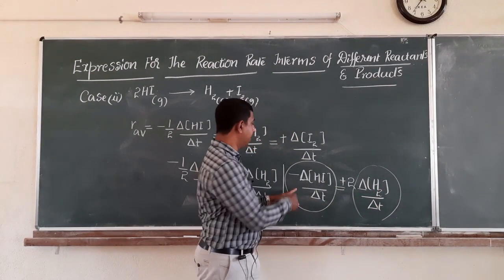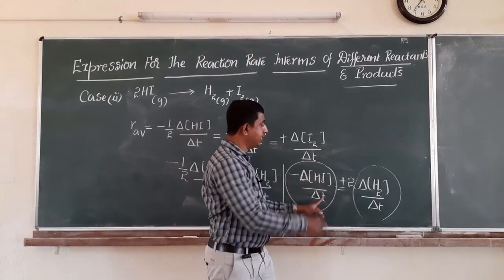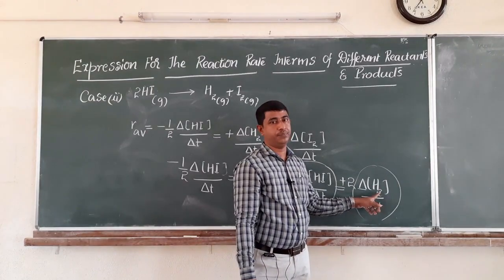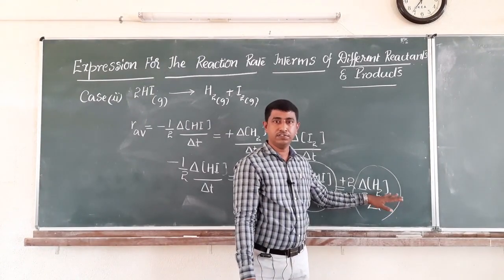So what I can say is the rate of disappearance of hydrogen iodide is 2 times the rate of appearance of hydrogen, or the rate of formation of hydrogen.